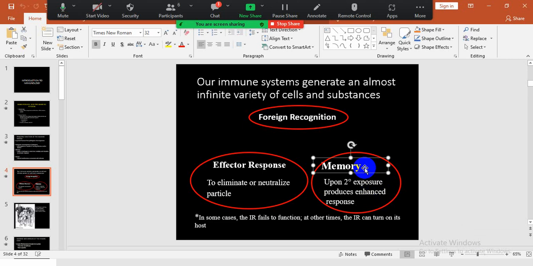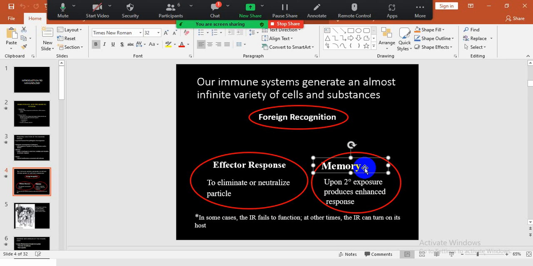So when measles comes, there will be a manifestation of the disease. But if you take a vaccine, when the measles comes, it will not be able to get you. Or when you get an infection, maybe chicken pox, you get it first, and they give you medication, you will never have chicken pox again.